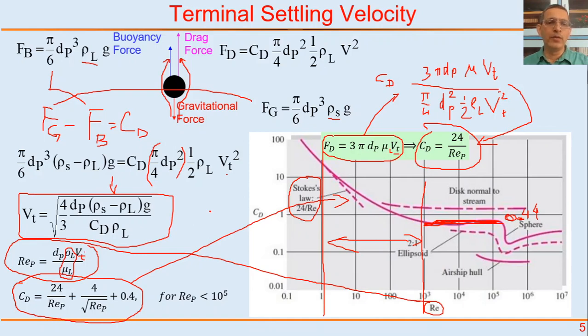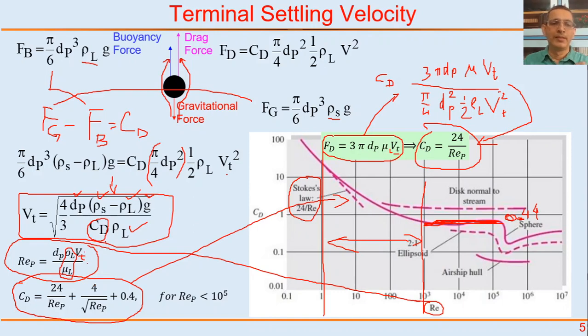Now, if I tell you that I have a particle, let's say 1 millimeter in diameter, dp I know. Let's say it has a density of 1500 kg per meter cube. Rho s I know. It is settling in water. Rho l I know. G I know. Will I be able to calculate Vt? I won't be, because I don't know the value of CD, and CD depends on Reynolds number itself, and Reynolds number itself has a Vt term in it.